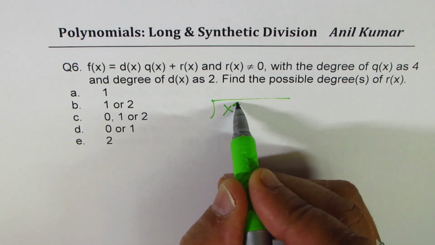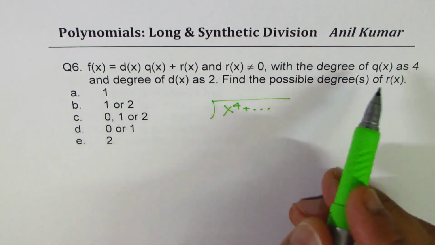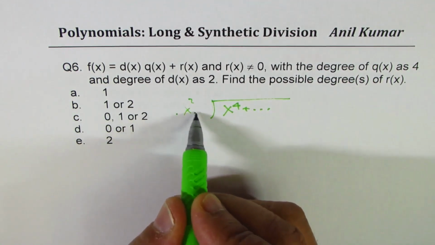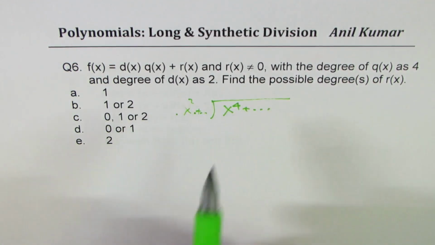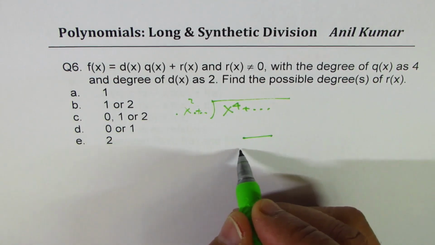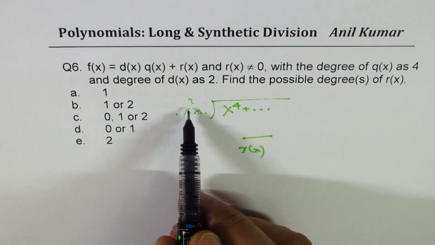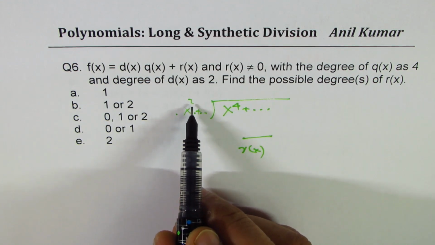So this is something like x to the power of 4 something, right? With degree 2. So we have x squared times something, right? So what do you get as the degree of the remainder? This is what the question is. So clearly it could be less than 2 only, right?